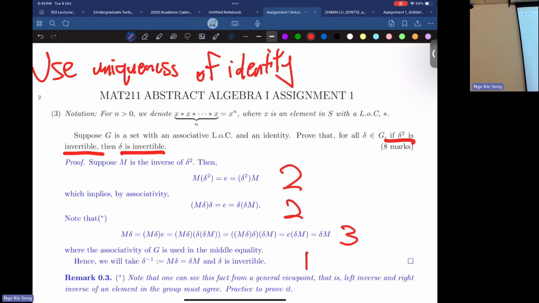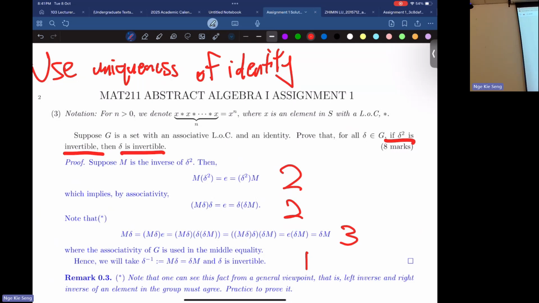There are various ways to approach this question. You can directly show the inverse. Since I already know that m delta square equals identity equals delta square m, I can use associativity to see that m delta times delta equals E and delta times delta m equals E. But to be an inverse of delta, you need the same element applied on both left and right to get identity.